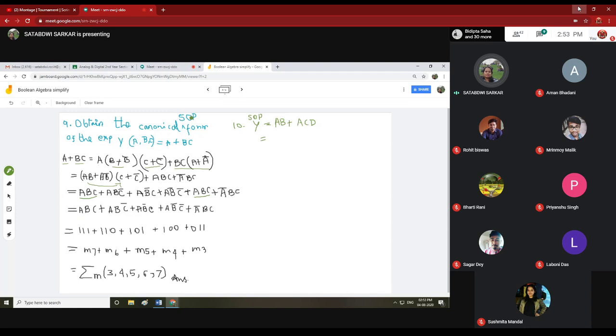So for now solving this, we will multiply this with D plus D bar.